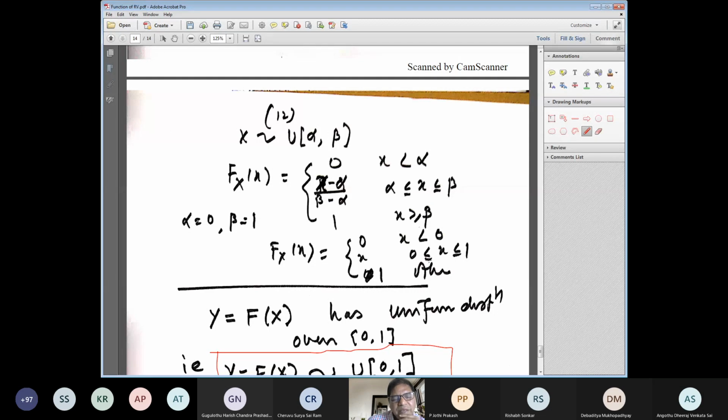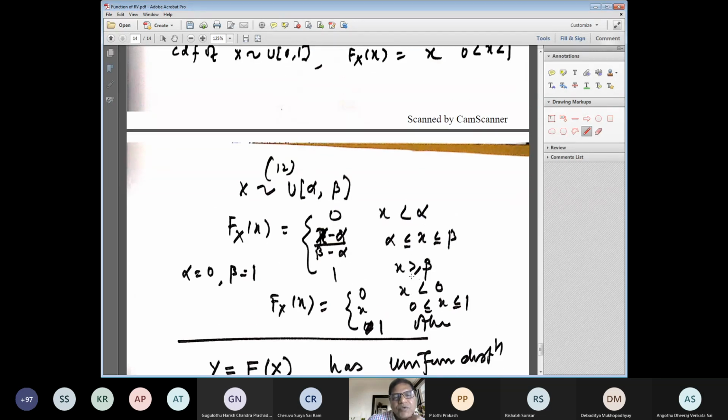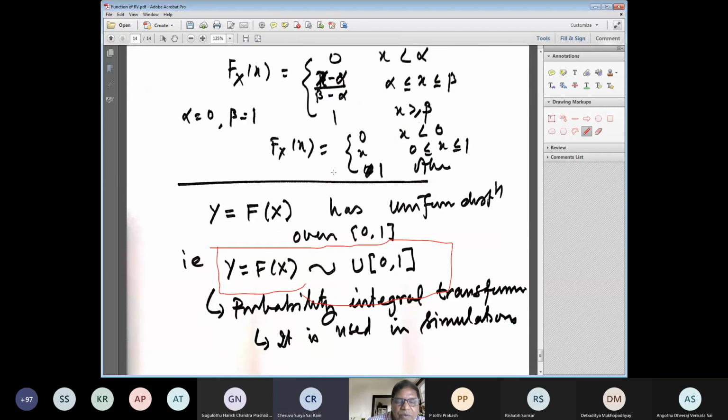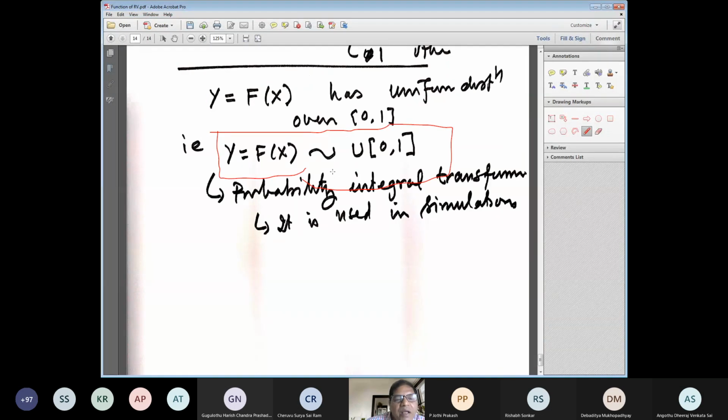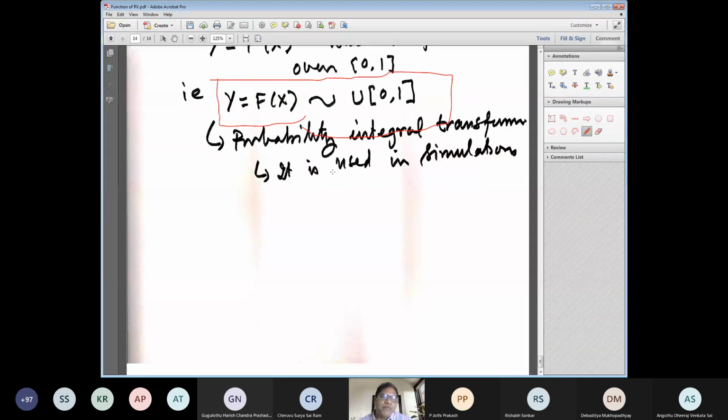Ultimately it is a continuous function, so it does not matter. The uniform distribution is a continuous random variable, so either you include or exclude, it will not make much difference. Thank you. Okay. So this covers the topic of the function of random variable.